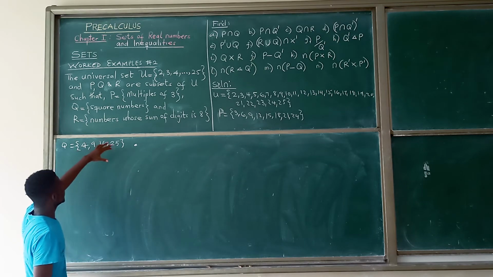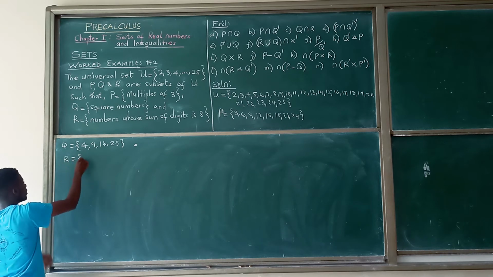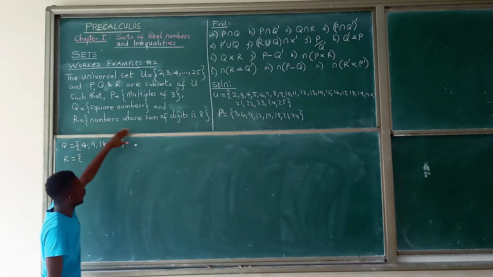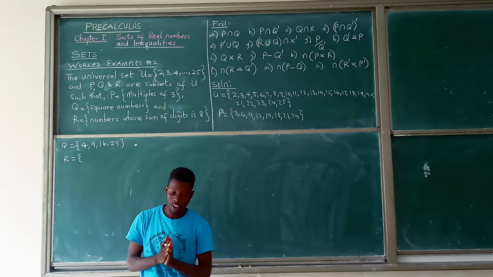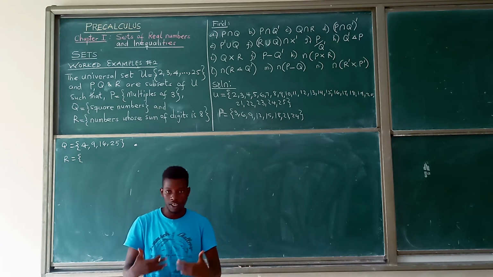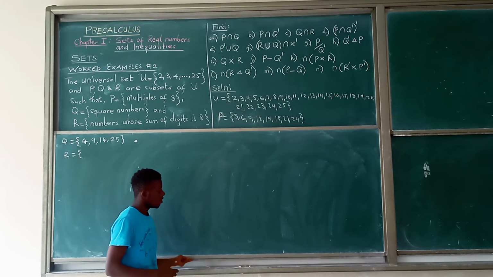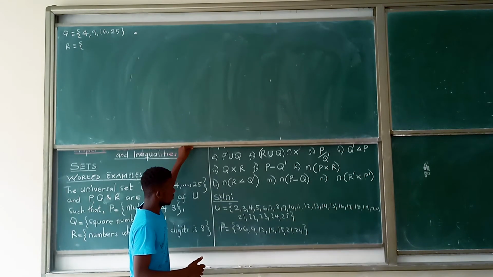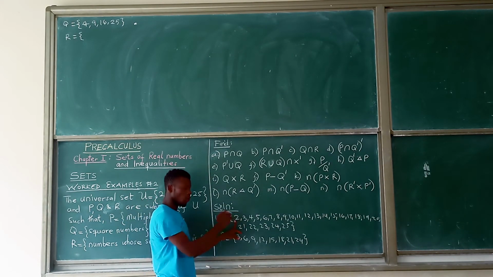And we have the last set, which is set R. Set R contains numbers whose sum of digits is 8. So we look within the universal set. What are those numbers in the universal set whose sum of digits is 8? And what do we mean? Let's look at the universal set. So this number is a single digit.